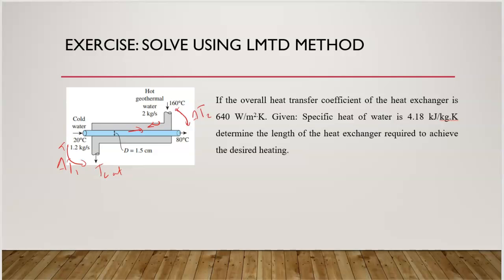Here, given the heat transfer coefficient of the exchanger is W per meter square Kelvin. This is U. The specific heat of the water is Cp equal to 4.18 kilojoule per kg. Determine the length. So you need to find the L.